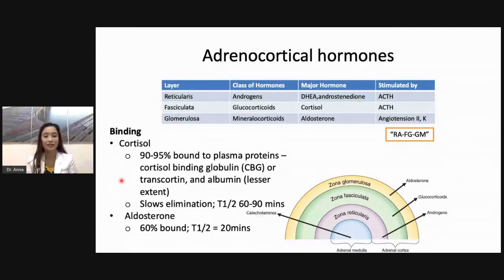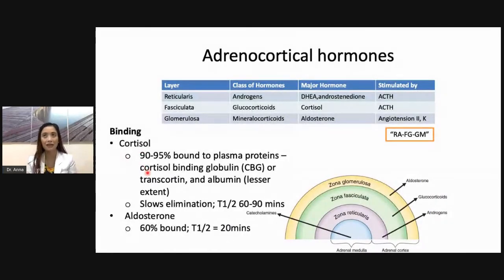Now, remember that your adrenocortical hormones, your steroid hormones, are lipid soluble hormones, so they freely diffuse across the lipid biomembrane. However, they need to bind to plasma proteins in the bloodstream in order to reach their target receptor and prevent themselves from being prematurely metabolized.